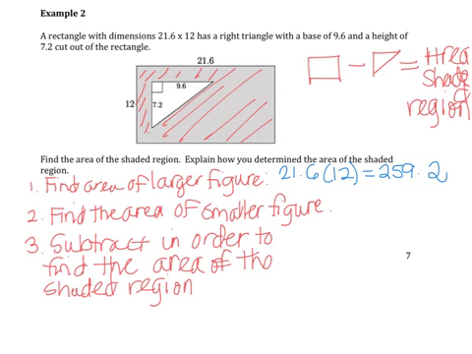And the area of the smaller figure, which is a triangle, is 1/2 the base times the height, and since it's a right triangle, we have the base and height as 9.6 and 7.2. So the product of those two divided in half is equal to 34.56.